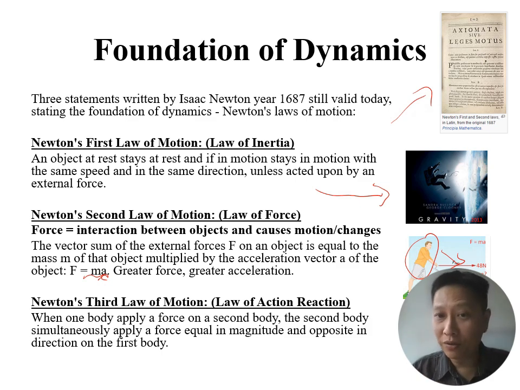M is the mass of the lawn mower, the grass cutter, and a is its acceleration. For the third law, when we punch the wall, the wall punches back to us.